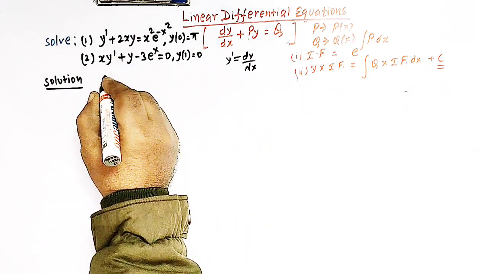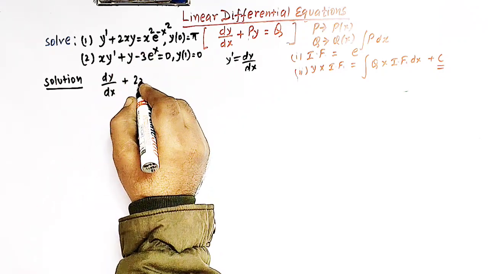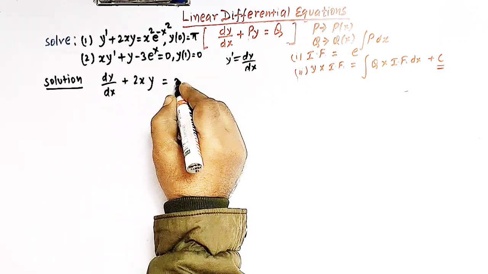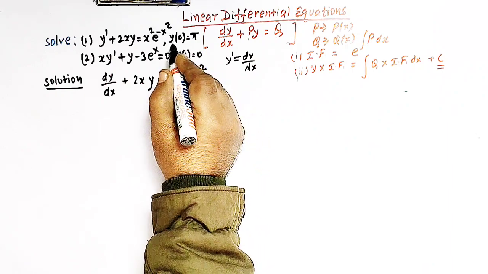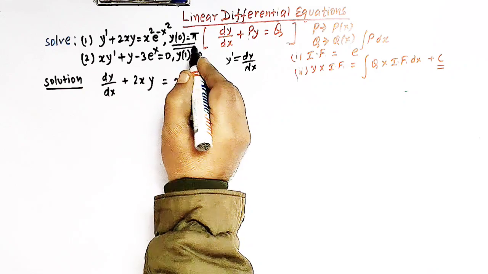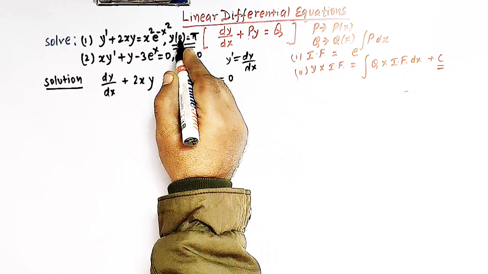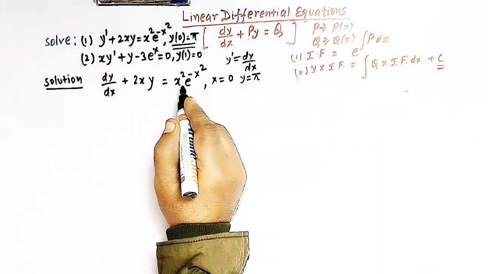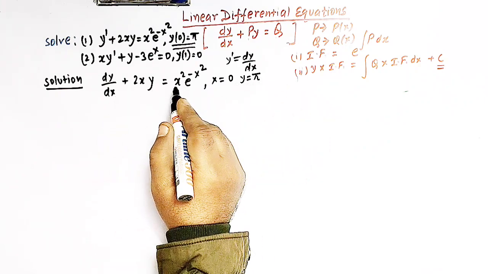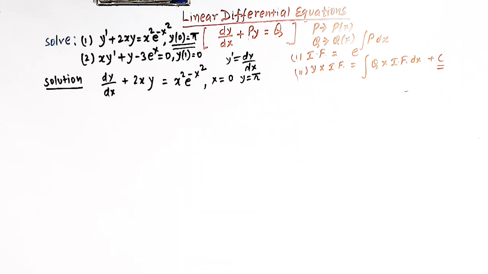So we have here dy over dx plus 2xy equals x square e raised to minus x square, and here we are given a condition that is when x is equal to 0, then the value of y is pi, right? So first we'll find out the general solution of this differential equation, and then by using these initial conditions we'll find out the particular solution, right?